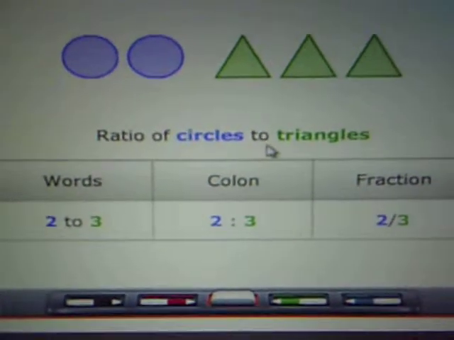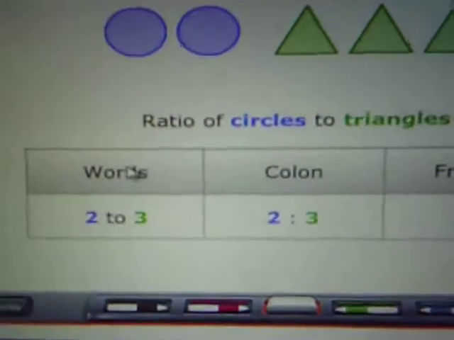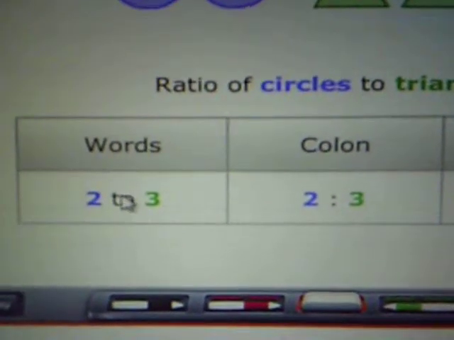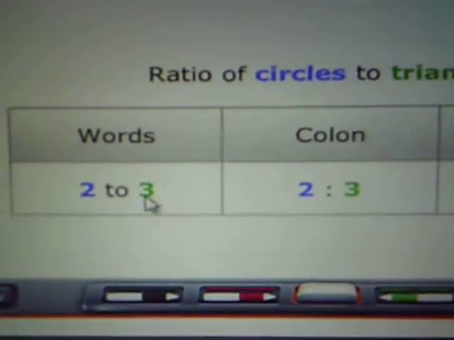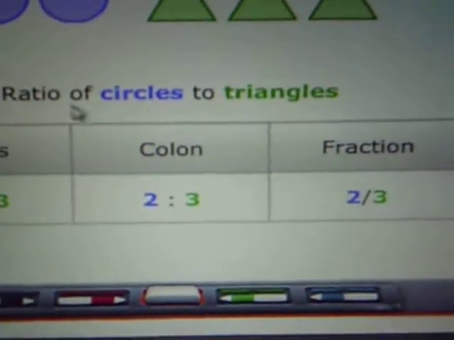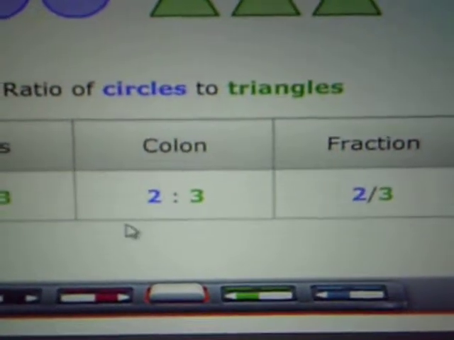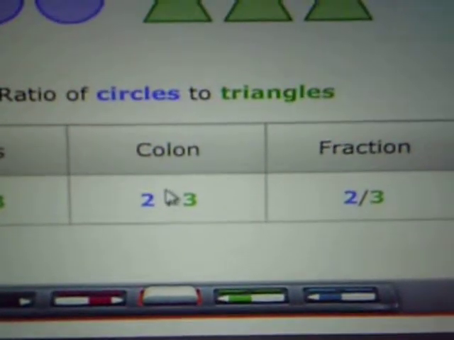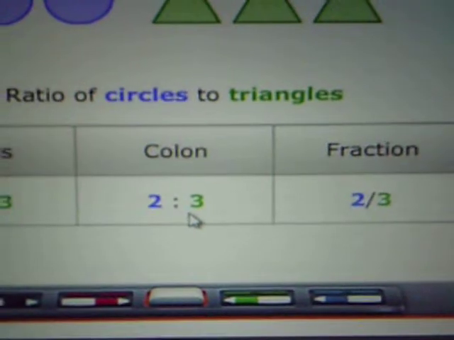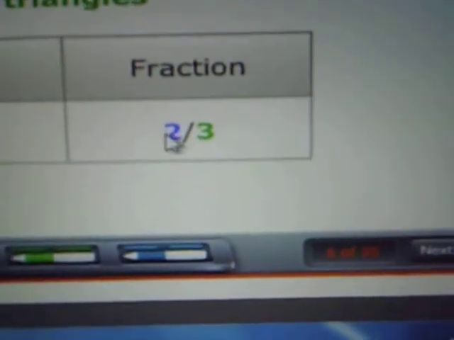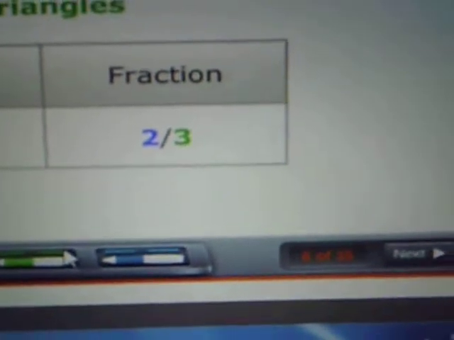So the ratio of circles to triangles, again, can be written 3 ways. We can compare our quantities with the word to: 2 to 3. We can also use a colon and say that the ratio of circles to triangles is 2 to 3, except we're using a colon to separate the 2 numbers. We can also write our ratio as a fraction. 2 fraction bar 3.